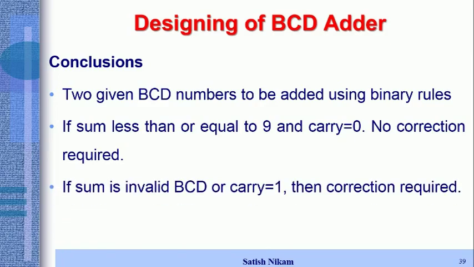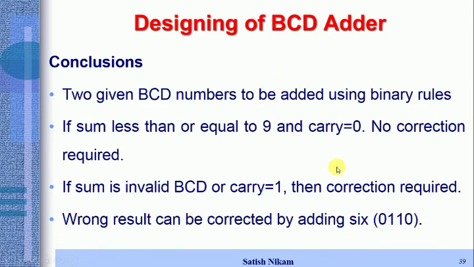And if the sum is invalid, meaning the nibble is greater than 9 or a carry bit is generated, then correction is required. How do we make it correct? If we got the wrong result, we can correct it by just adding 6 into that nibble. 6 means 0110. This number we are going to add.